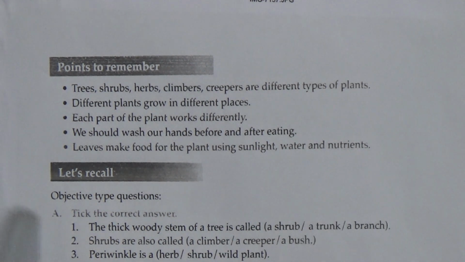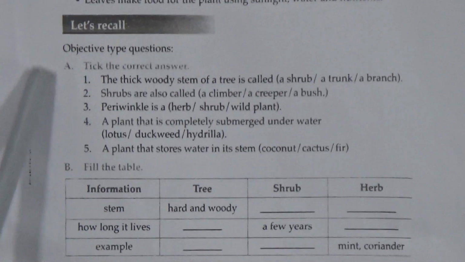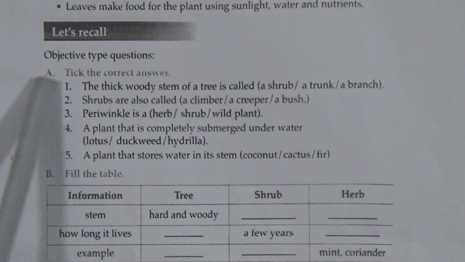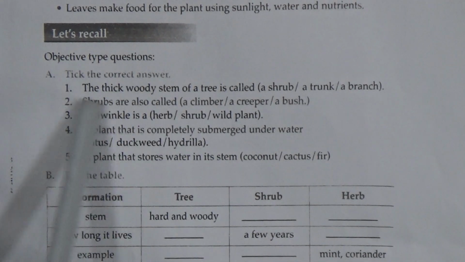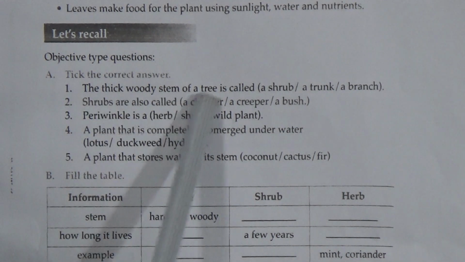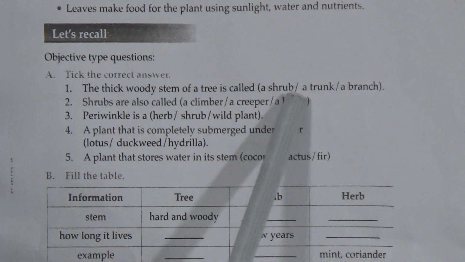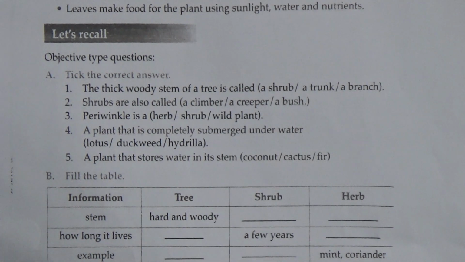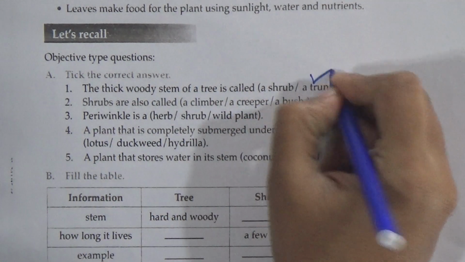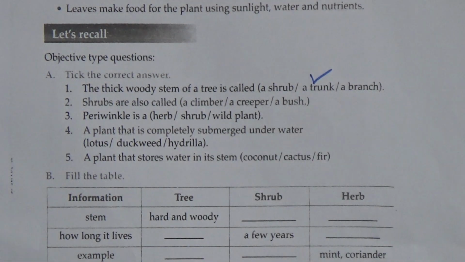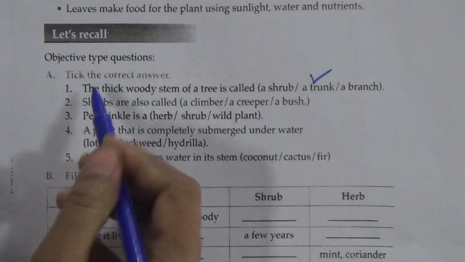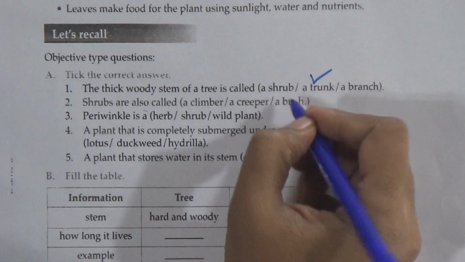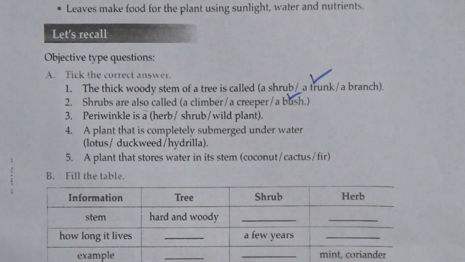Dear students, now we will solve the objective type questions from this chapter. First, we will choose the correct answer. The thick woody stem of a tree is called: a shrub, a trunk, a branch. Dear students, that will be a trunk. Next question: shrubs are also called a climber, a creeper, a bush. That will be a bush.